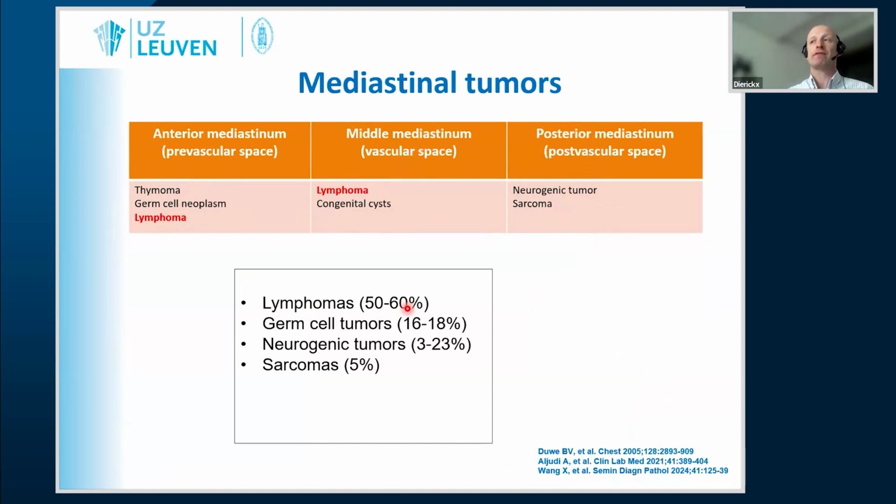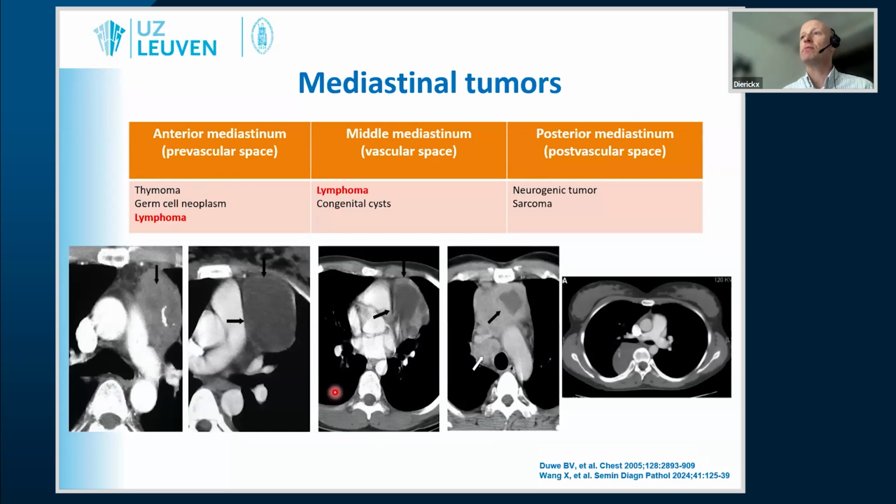And when we look both in adults and in pediatric population to the dissemination of the different tumors, you see that actually lymphoma is the most common mediastinal tumor. About 50% to 60% are lymphomas, followed by germ cell tumors, neurogenic tumors, and sarcomas. And here you see some examples.